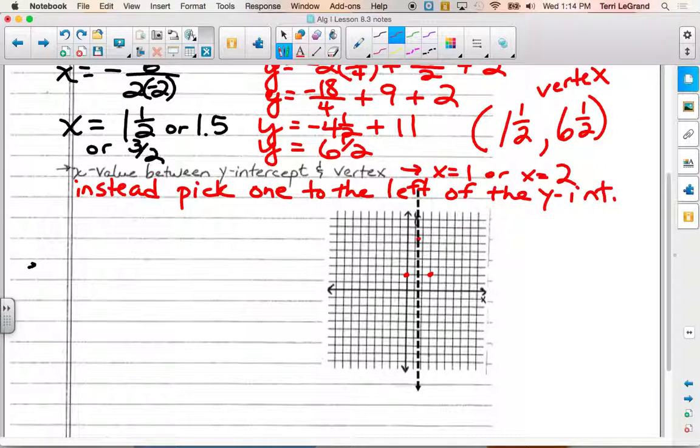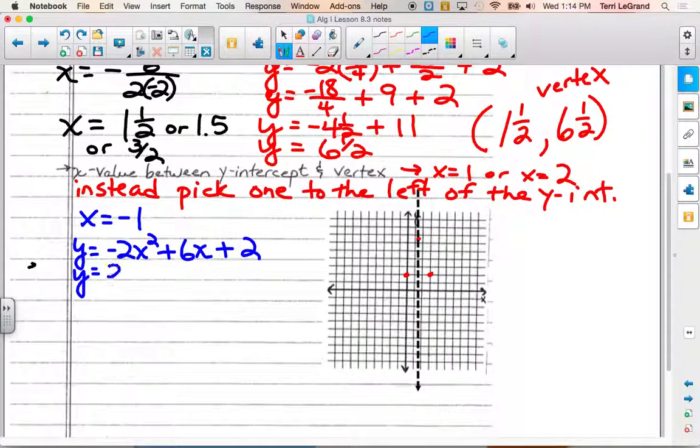So x equals -1 we could use. So y equals -2x squared plus 6x plus 2. So -2 times -1 squared, 6 times -1.